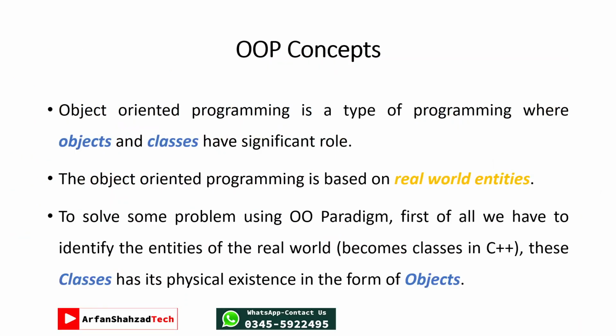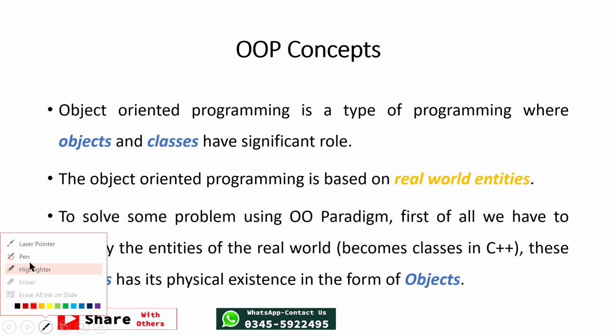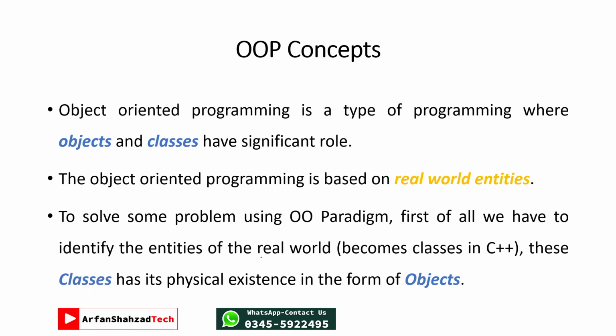To solve a problem using the object-oriented paradigm, first of all we have to identify the entities of the real world. Then these entities of the real world will become classes in C++. These classes have their physical existence in the form of objects.